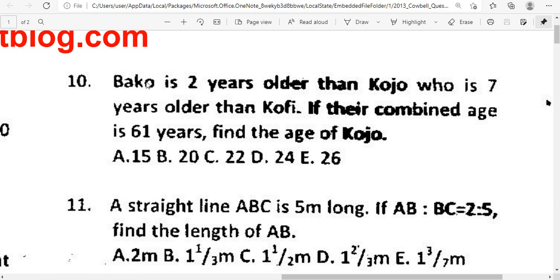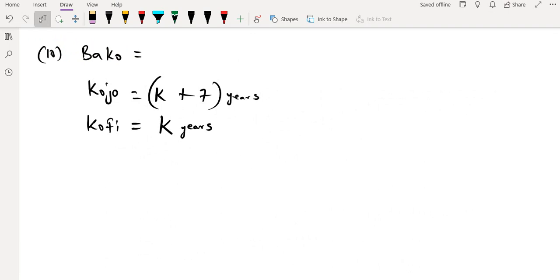Read, Bako. Read. Bako is what? 2 years older than Kojo. So how old is Bako? 2 plus K. What do you say? 9K.